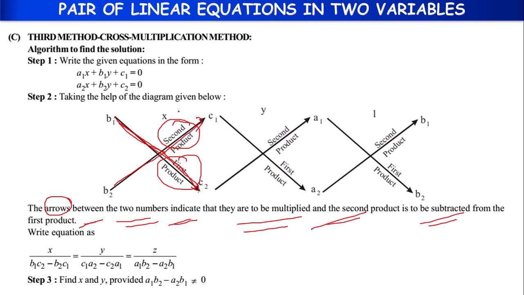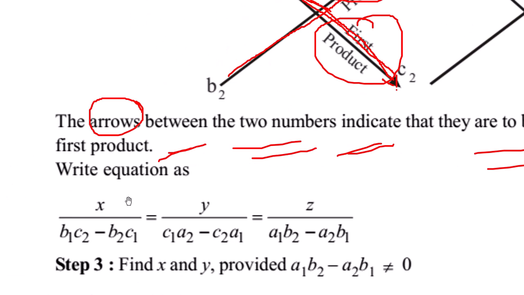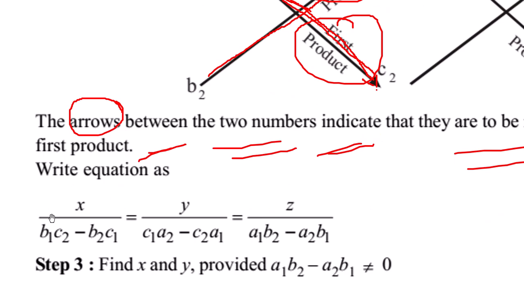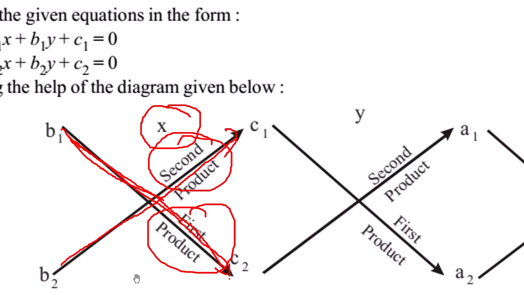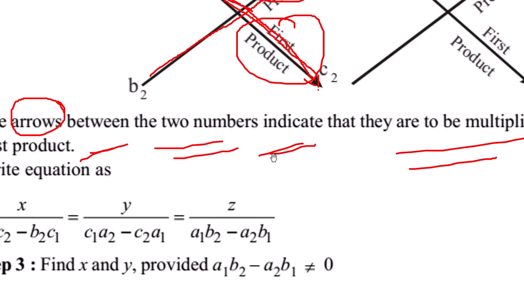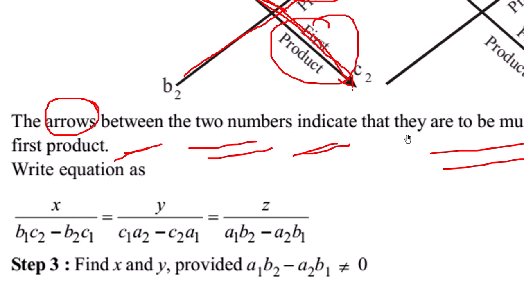When we have closed the x term, we get these products. So we write x by b1 c2 minus b2 c1. In the same way, y by c1 a2 minus c2 a1.